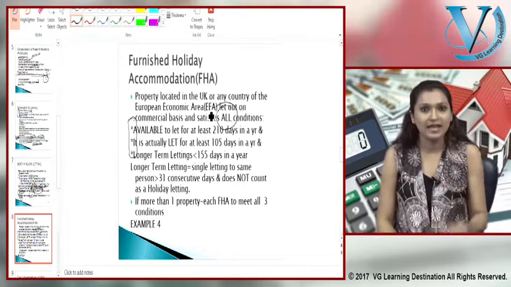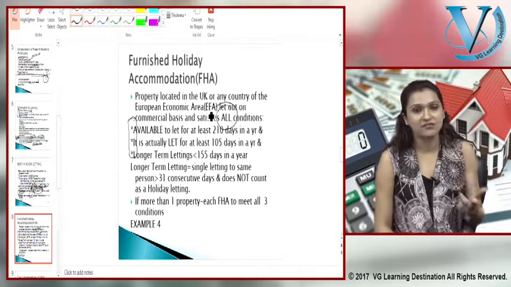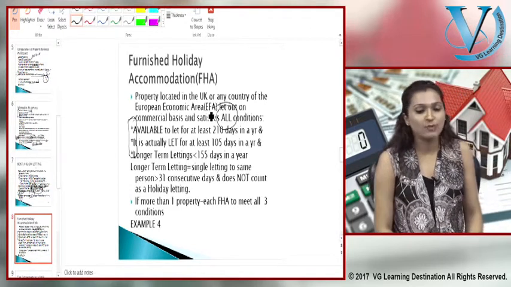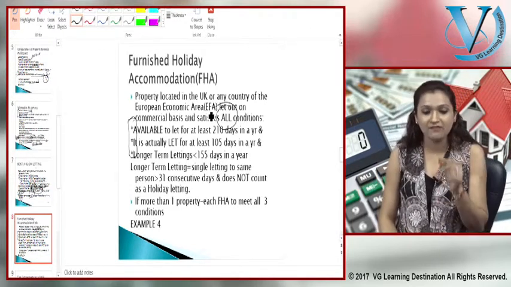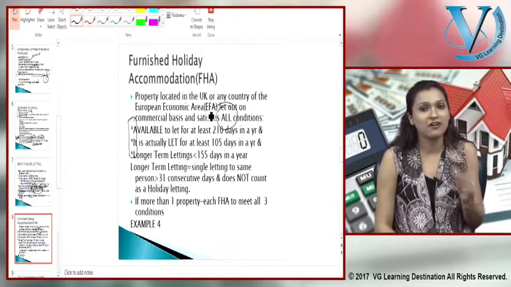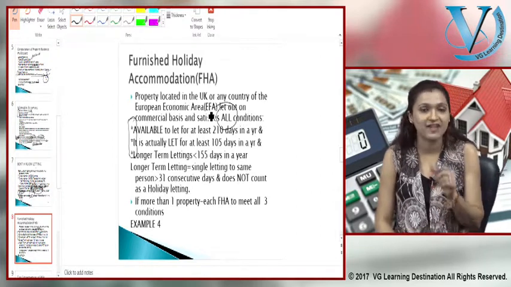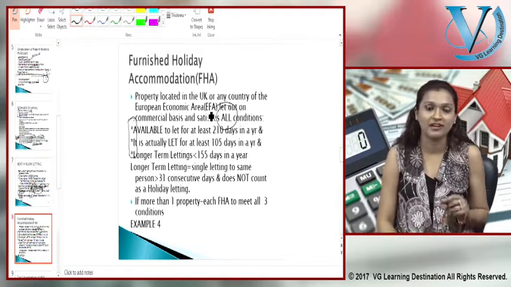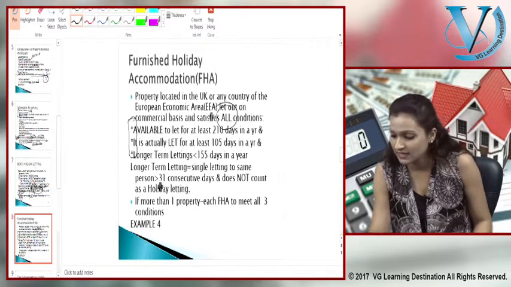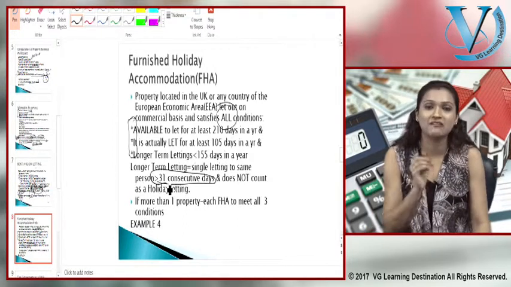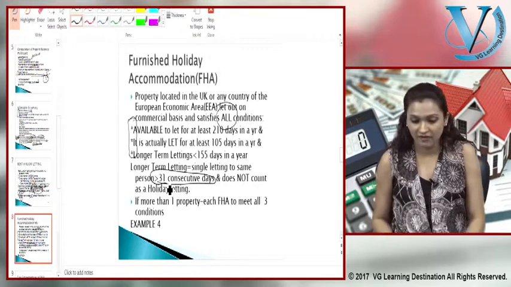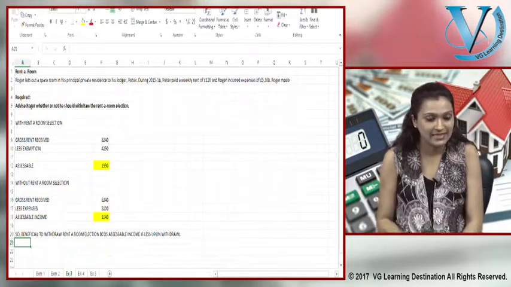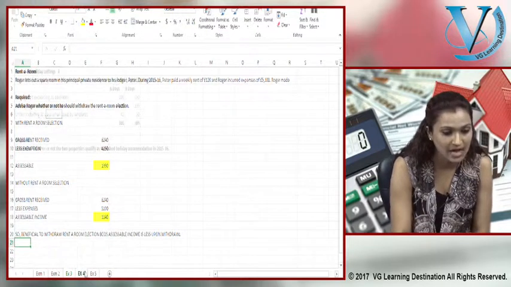It should actually be let out for at least 105 days in a year, and also longer term lettings should be less than 155 days in a year. What classifies as a long-term letting? Being consecutively let out for greater than 31 days, 31 consecutive days in a year. Let's have a look at an example and practically understand how to apply these rules. So let's have a look at example 4.